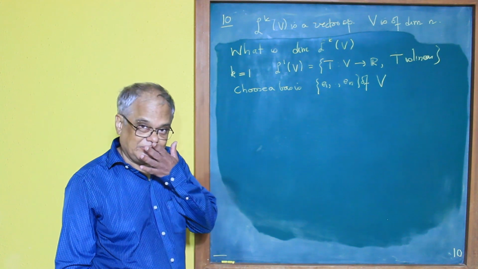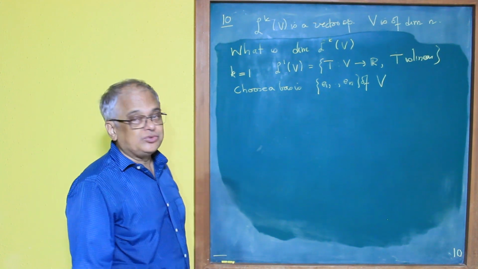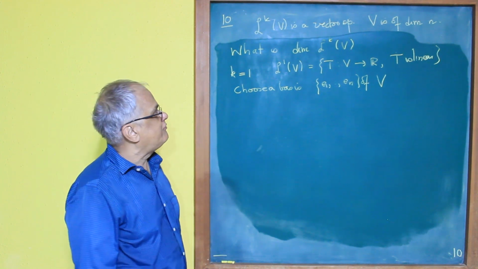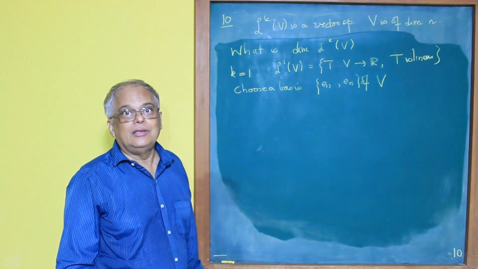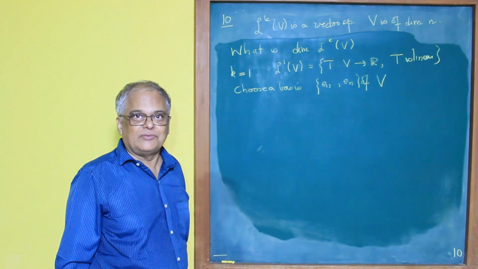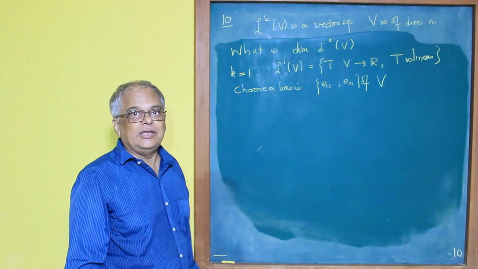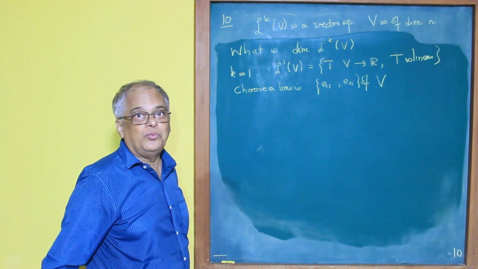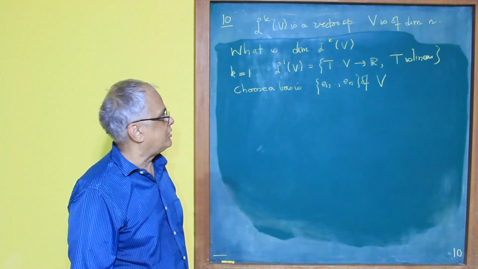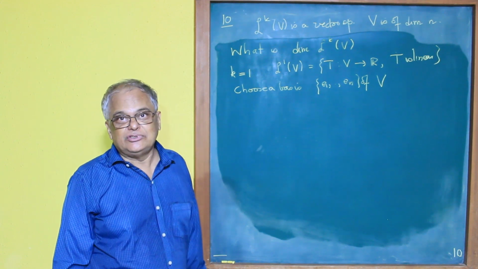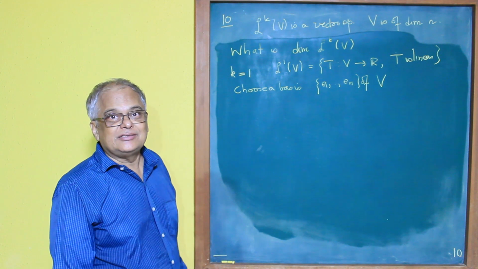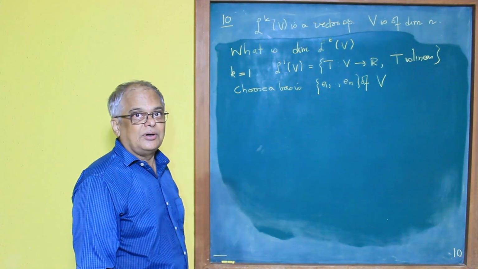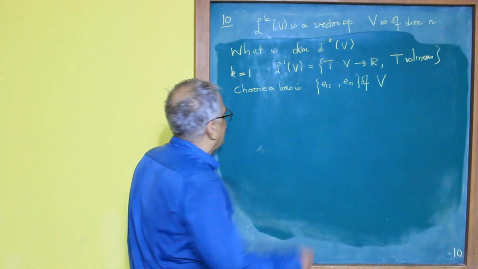So, I'm choosing a basis of V. If V is equal to R^n, then e_1 to e_n is any basis of R^n. In particular, e_1 to e_n may be the standard basis of R^n. But I don't want to say which basis it is right now. Once you have a basis of V, then there is a natural basis of V star.